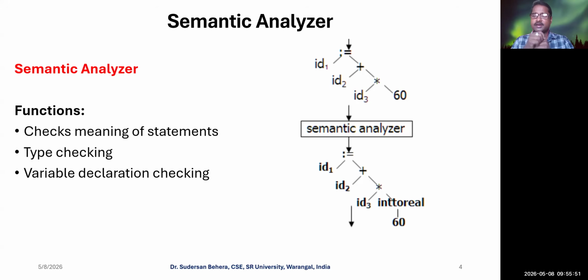But if you write a sentence int a equals to 5.7, this sentence is grammatically correct. Nothing is wrong in grammar. I mean, the syntax analyzer cannot catch this error.